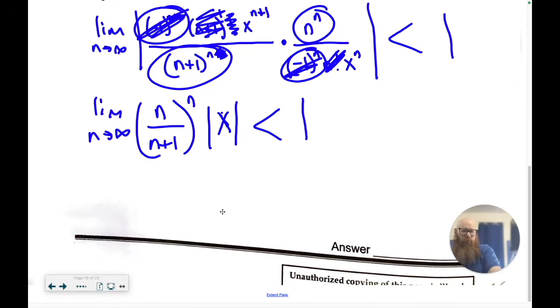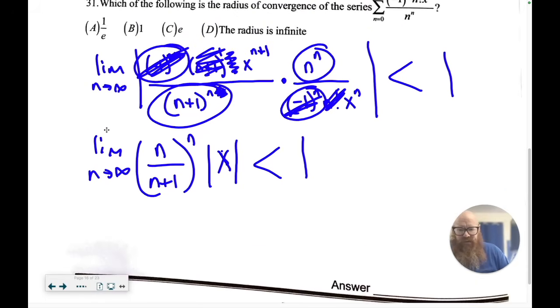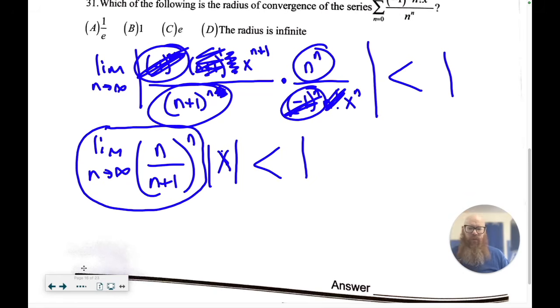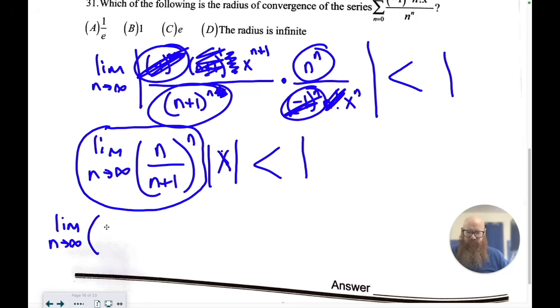So now I'm going to focus on this limit right here. That should look familiar, hopefully. It's based off of this limit. So this is something that we know.